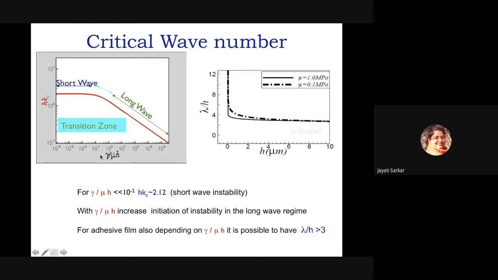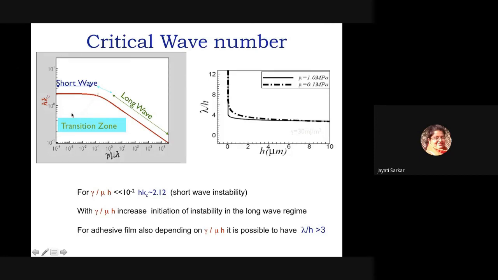It can be seen that surface tension effects are very important in cases where, of course, the surface energy is very high, or the shear modulus is very less, or the thickness is very less. So in that case, one can get the long wave regime. Whereas where the surface tension is low, or the thickness is higher, or the shear modulus is very high, especially in the elastic cases, one can go to these gamma by mu h values to very low values, and one can see that short wave instabilities persist over here.